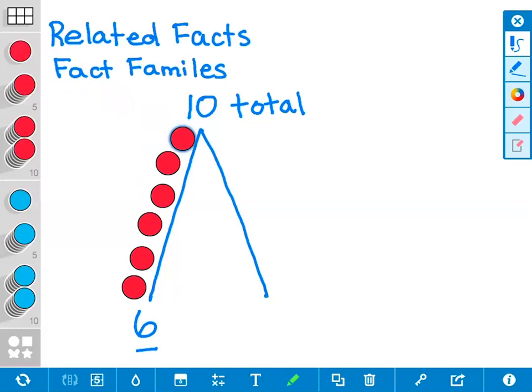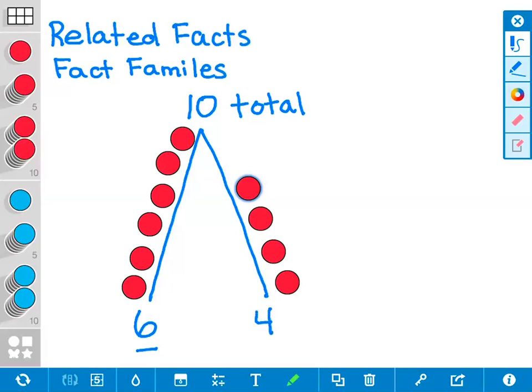Now we remember that if I want to find the other partner or add-in, then I'm going to count on from 6. So I have 1, 2, 3, 4, 5, 6, over the mountain 7, 8, 9, and 10. And so I can see that my other partner is 4.